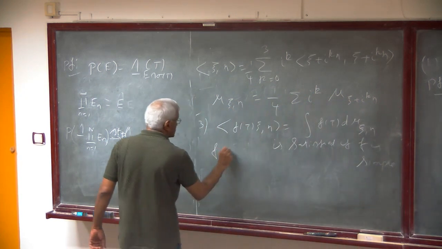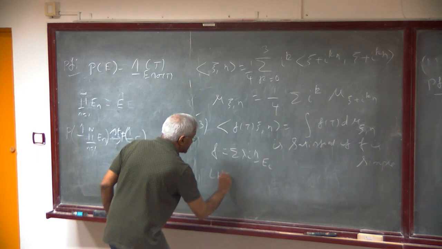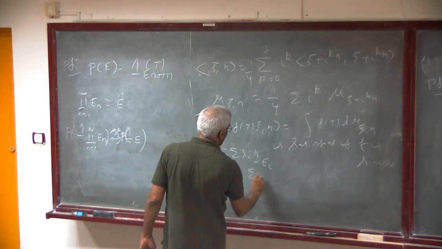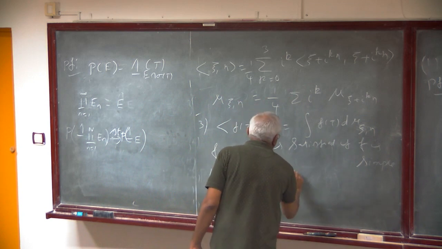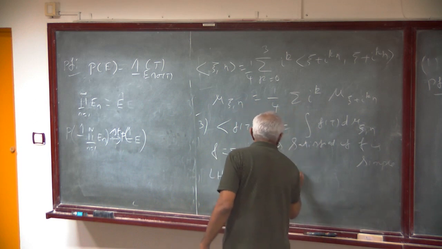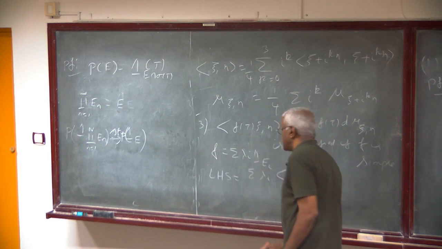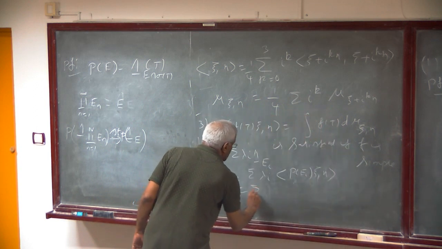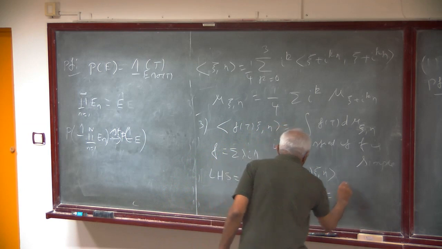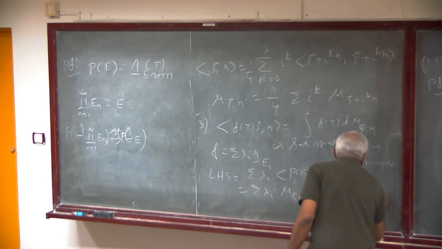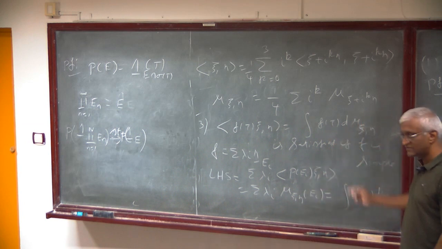You take f equal to summation lambda i 1 E i. Then the LHS is equal to summation lambda i times f of 1 E i. 1 E i is just p of E i, that is how it is defined. So this is equal to summation lambda i mu xi eta of E i, which is exactly the integral of f d mu xi eta. For a simple function, this is how the integral is defined. So it is satisfied for simple functions.